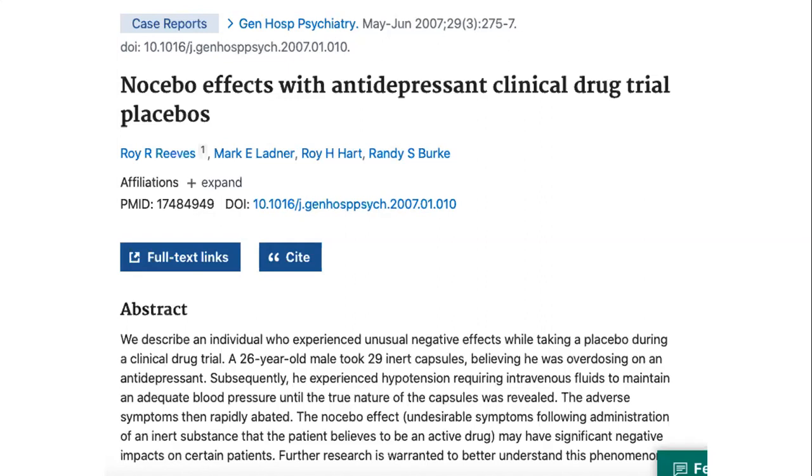Later on, when he was unmasked, they told him that he only overdosed on sugar pills, or placebo. The blood pressure went up to normal. He felt okay. It's not something rare, but it's something worthwhile to describe. That's why it was published as a case report.